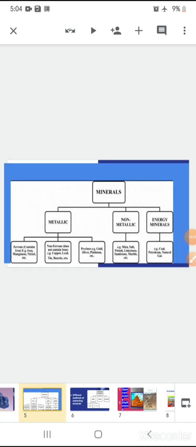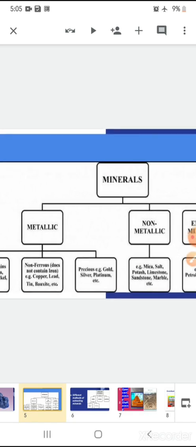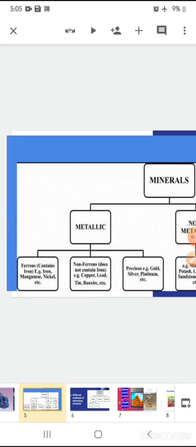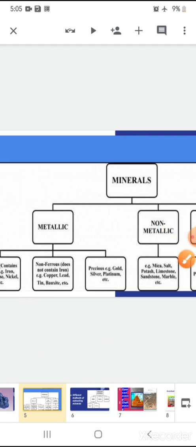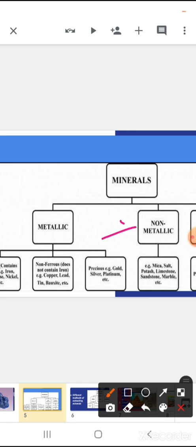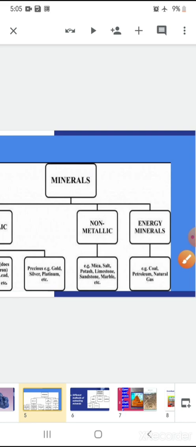This flow chart on your screen shows you the classification of the minerals. See children, you have minerals, and from there you have metallic plus non-metallic, then further you have energy minerals.